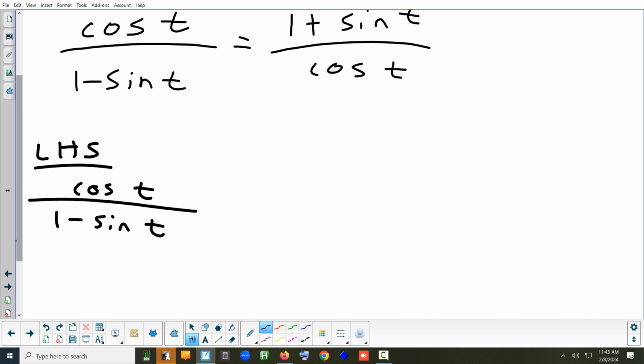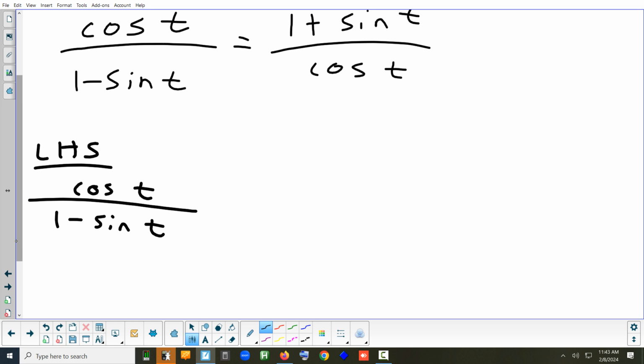No, can't do that. So only one fraction, cosine over 1 minus sine. We only have one denominator here. If you don't have multiple denominators, you shouldn't be thinking about a common denominator because we don't have more than one. So the only trick that we have left is the one that I just showed you, which is to use the what?